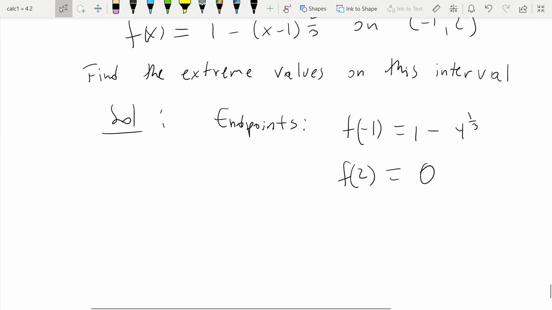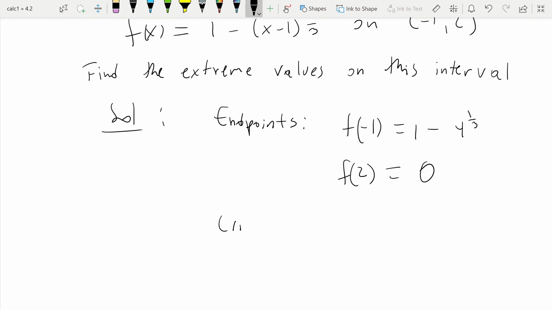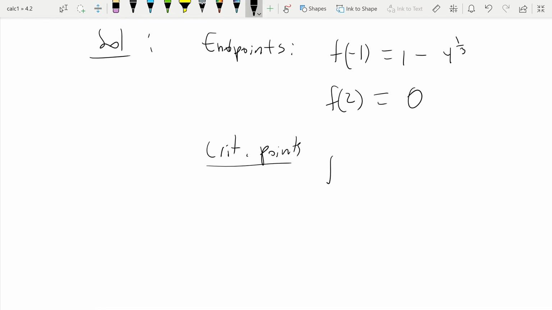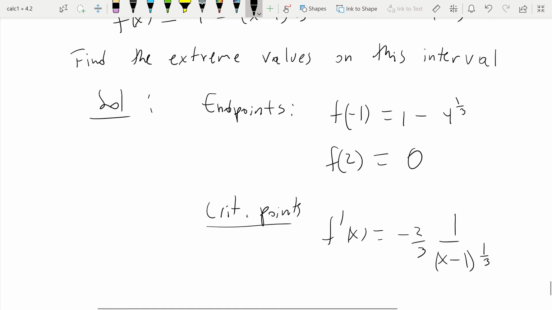Right. So what are the critical points now? We try to differentiate, f prime. We get the following: it's minus 2/3 times 1 over (x minus 1) to the 1/3, times the derivative of what's inside, which is just 1.